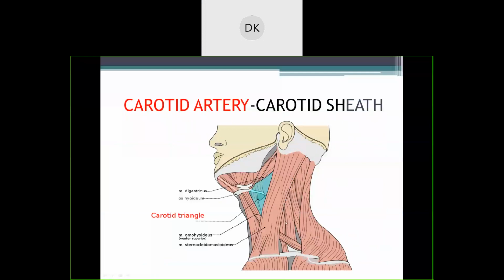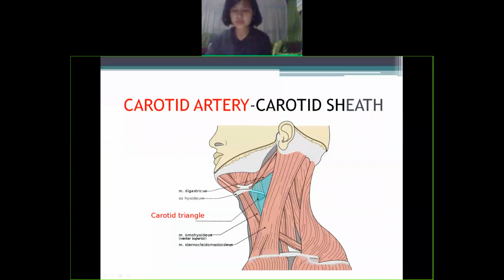Understand? Okay. So, I'm repeating again, the external jugular vein you will find in your neck and jaw portion. And this external jugular vein mostly lies here in this area, over the sternocleidomastoid muscle.